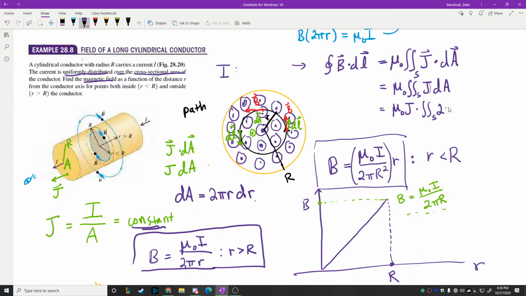So dA becomes 2 pi r dr, and then when we integrate this, you get mu naught J, which was I divided by the area of our loop, which is pi r squared.